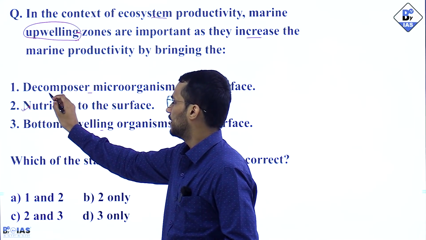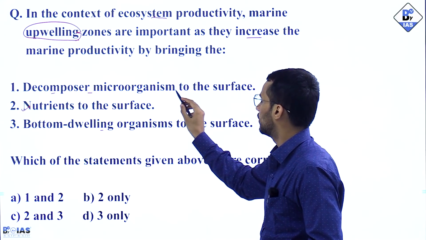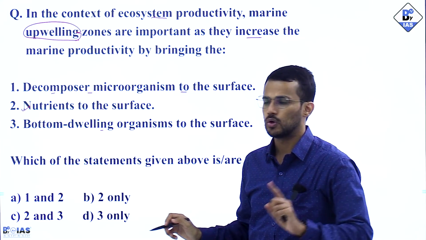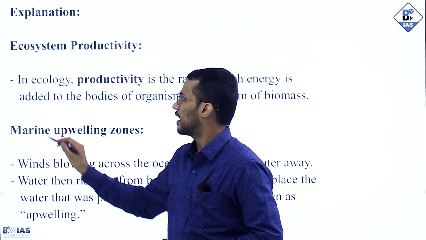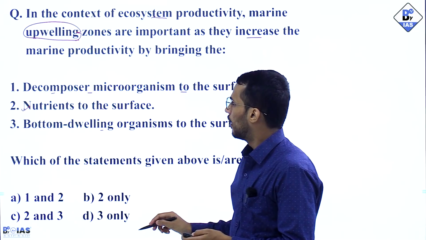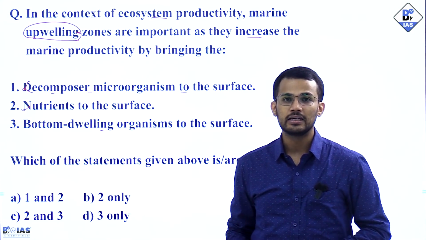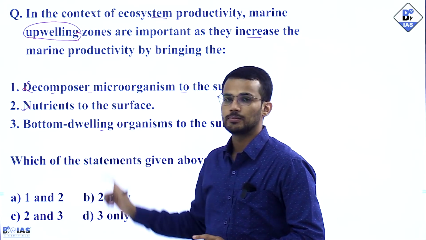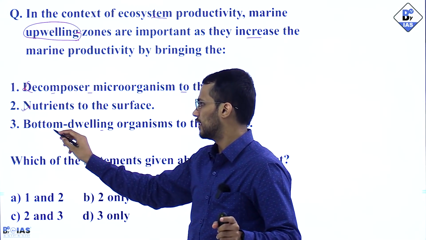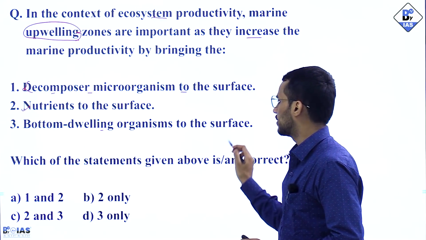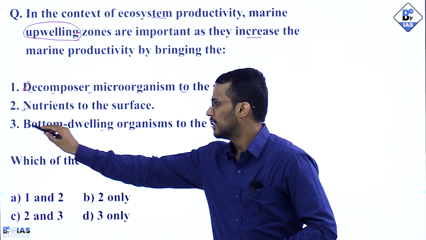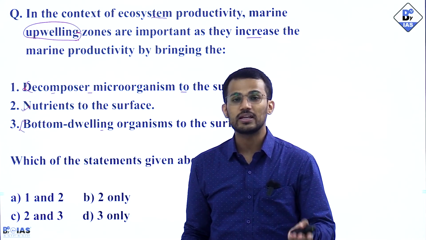The first statement is decomposer microorganisms to the surface. Decomposer microorganisms are not the organisms that are brought up by the upwelling water, so the first statement is incorrect. The third statement is that bottom dwelling organisms are brought to the surface. Again, this is not correct.